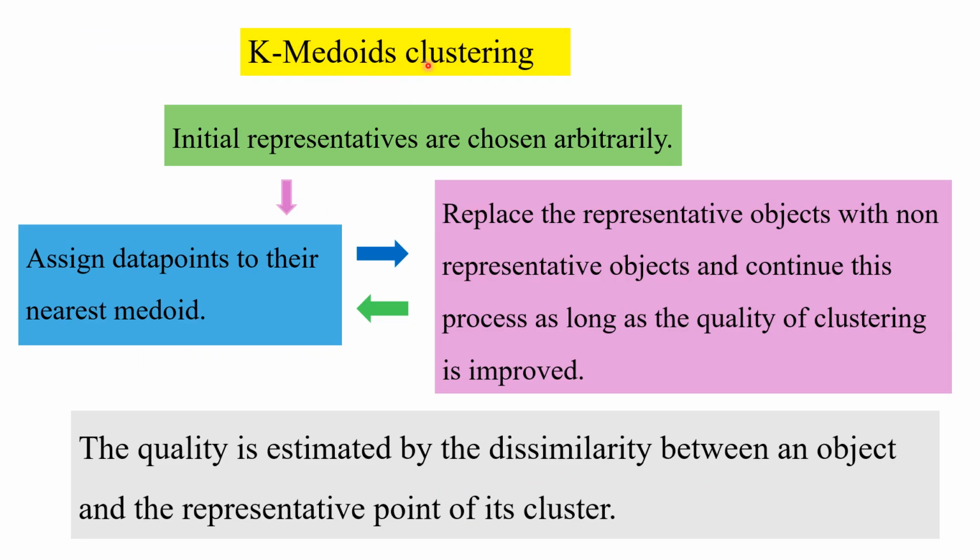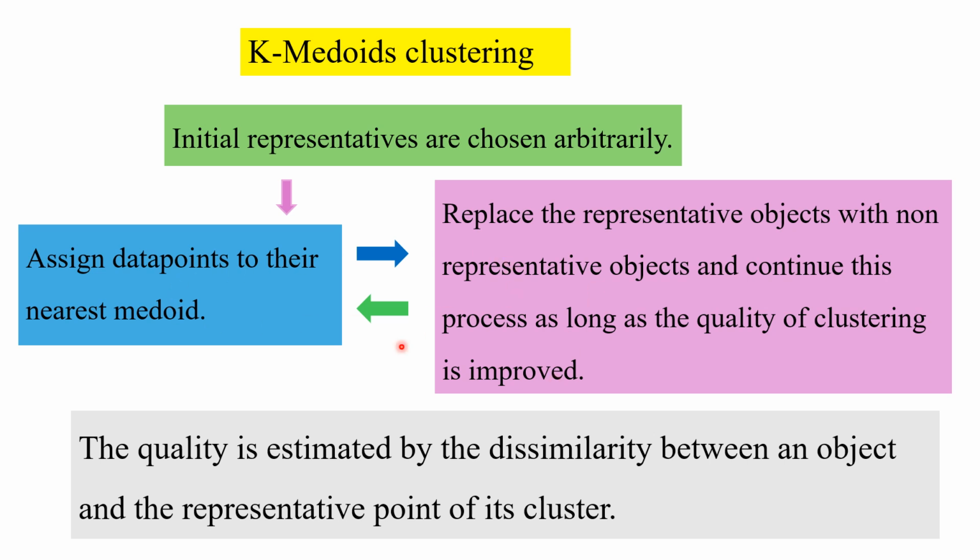So briefly, the K-Medoids clustering works in this manner. Initial representatives are chosen arbitrarily. Then we assign data points to the nearest medoid. Then we replace the representative objects with non-representative objects. So this is the iteration part, and we continue this process as long as the quality of clustering is improved.